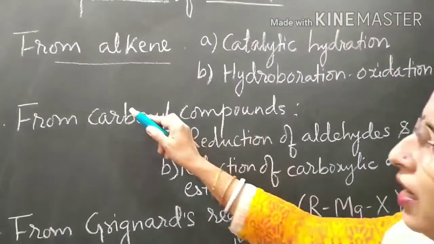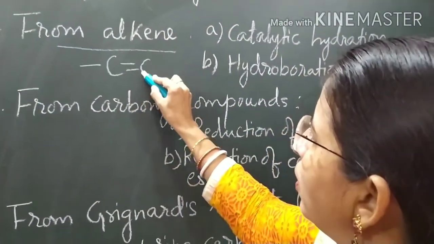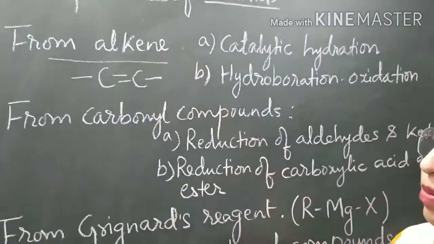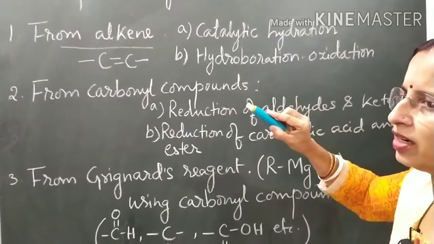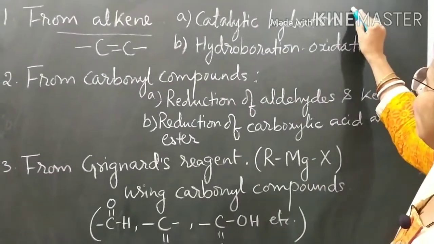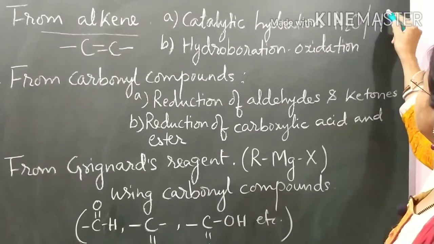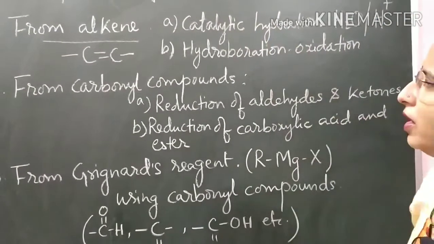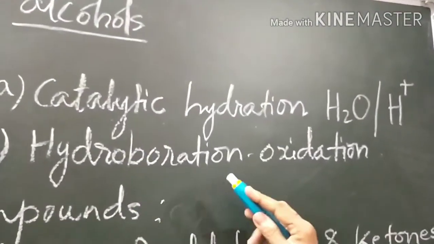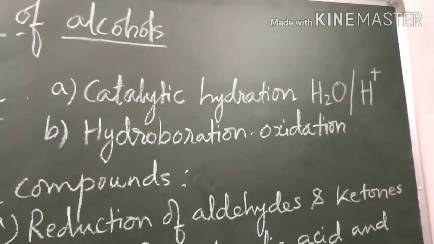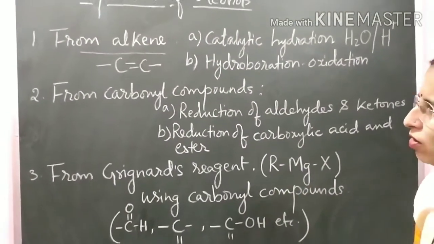Alkenes are nothing but hydrocarbons which have a C double bond C. Alcohols can be prepared from alkenes either by catalytic hydration, that is when water is reacted in the presence of hydrogen ion, alkene can be converted into alcohol, or by the hydroboration oxidation method. So when diborane is reacted with alkene, we get the respective alcohol.